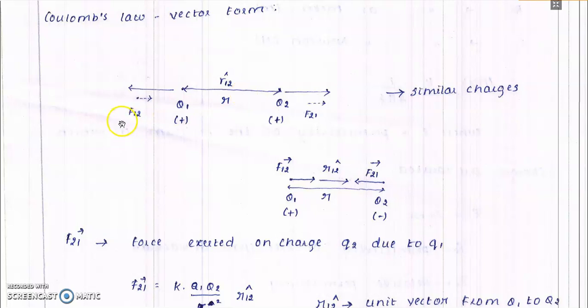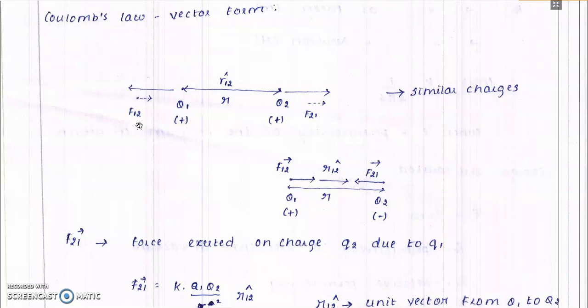At the same time, F12 is nothing but the force experienced on charge 1 due to 2. Let us consider F12 or F21, whichever it may be, the distance is r12 or r21 and the charges are Q1 and Q2.